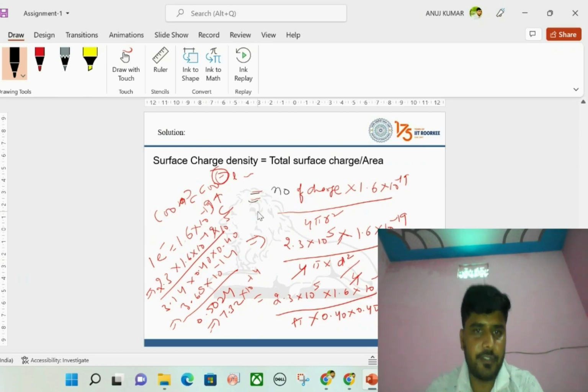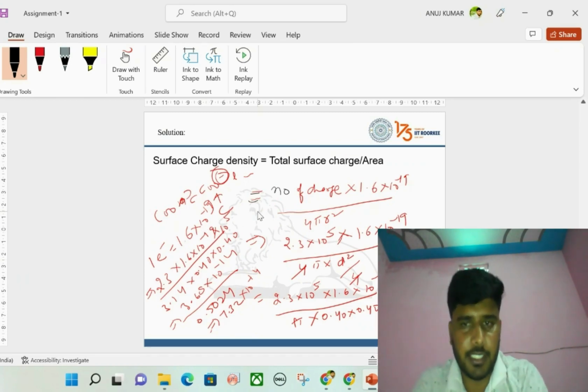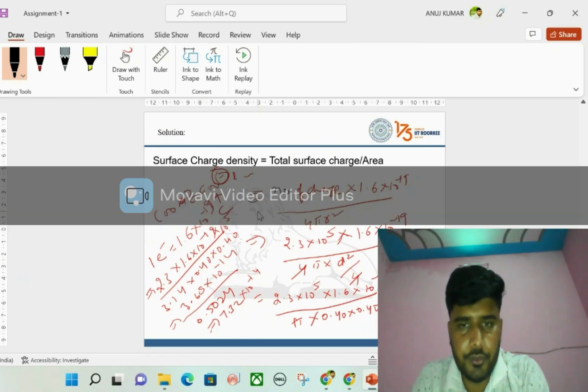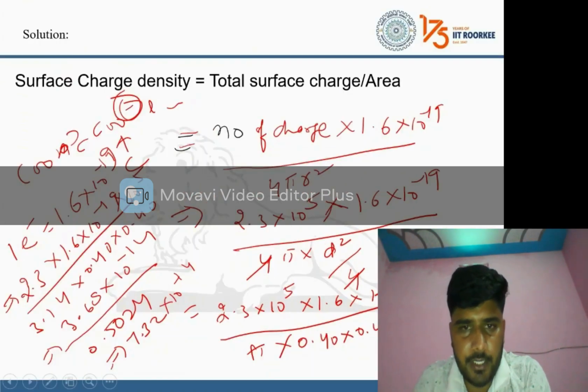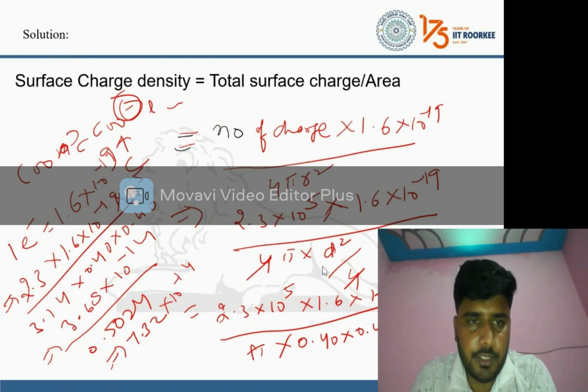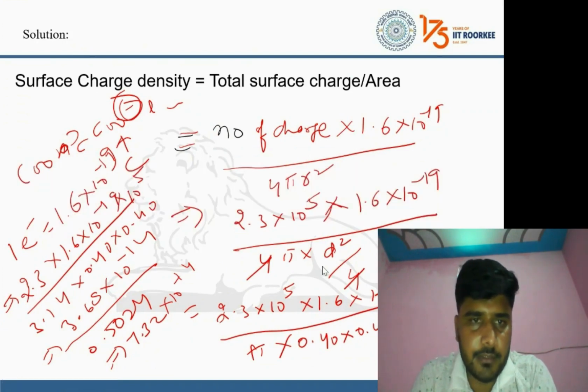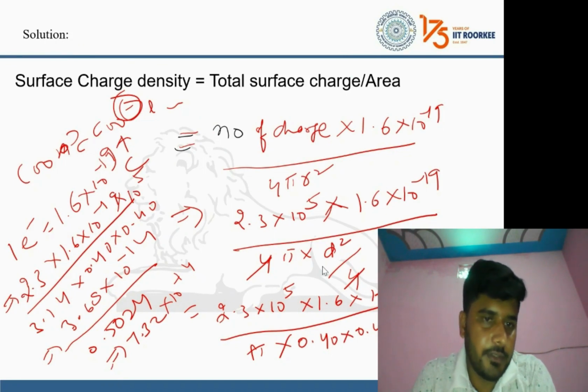Okay, the surface charge density equals the total surface charge divided by area. The area is 4 pi r square in the spherical particles. The carboxyl group has one electron, so the charge on one electron is equal to 1.6 times 10 to the power minus 19 coulomb.